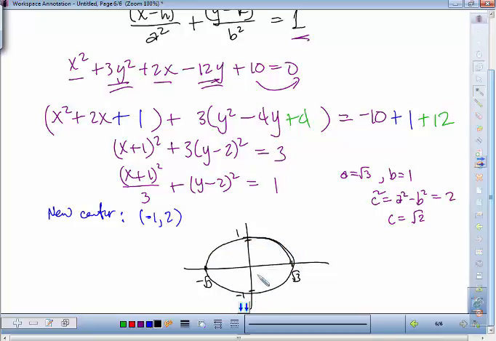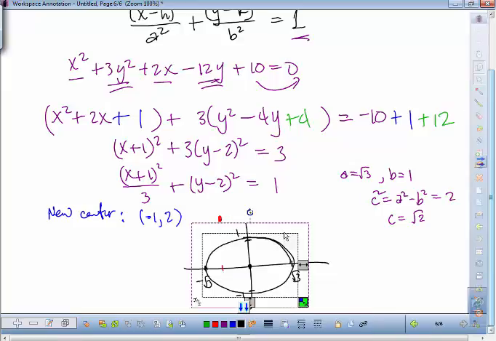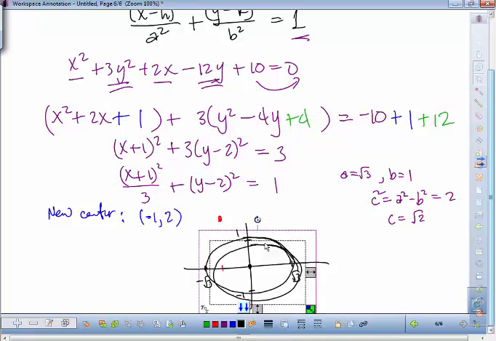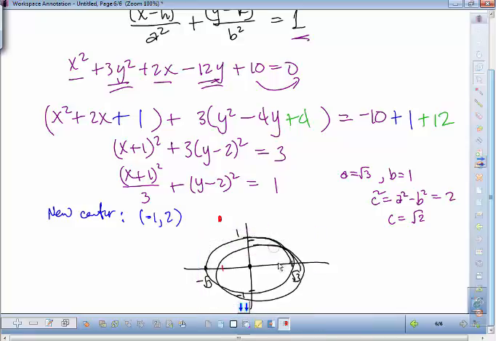So this is your ellipse centered at 0, 0. But now you're going to move your center to -1 comma 2. So you're basically going to take this ellipse and move it up there.